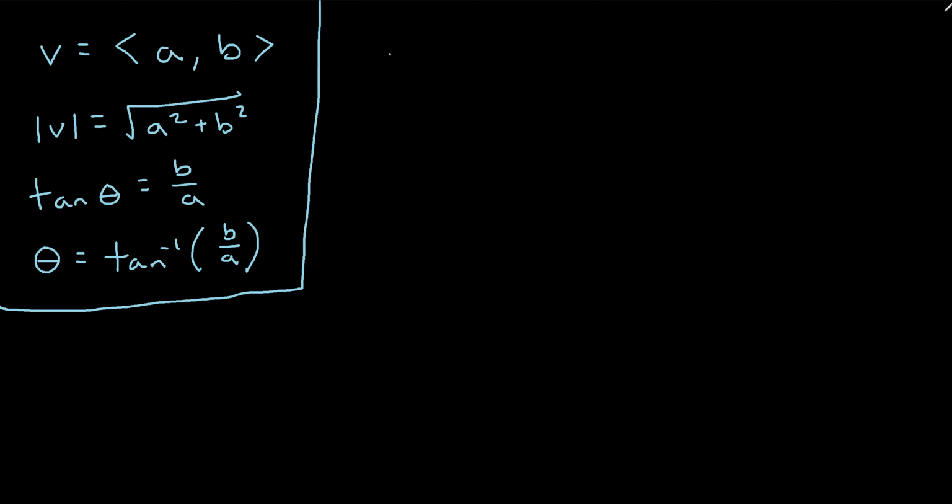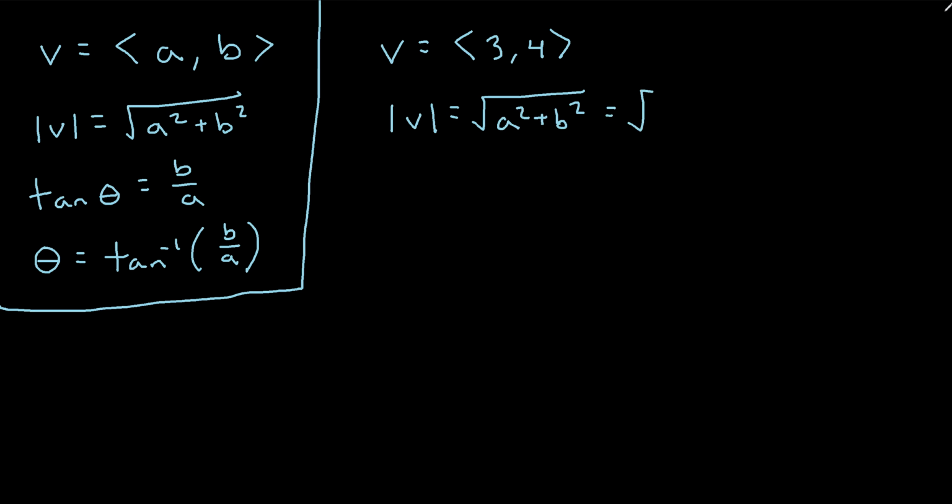Let's say we're told some vector has a horizontal component of 3 and a vertical component of 4. How can we find the magnitude and direction of this vector? Well, the magnitude, we said, is equal to the square root of A squared plus B squared. So in this case, A is 3, so we have 3 squared, and B is 4, so we have 4 squared.